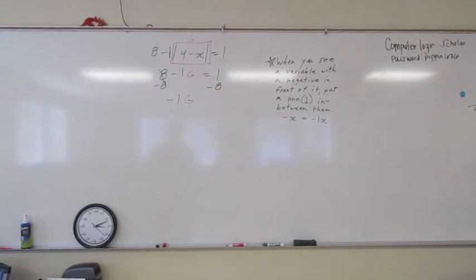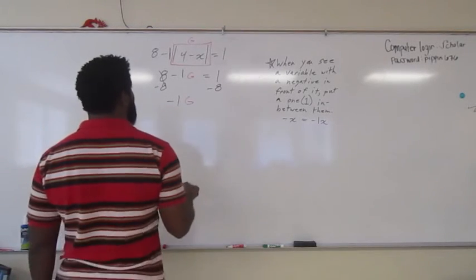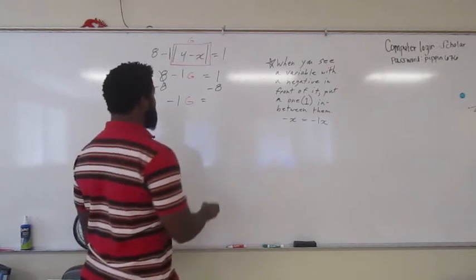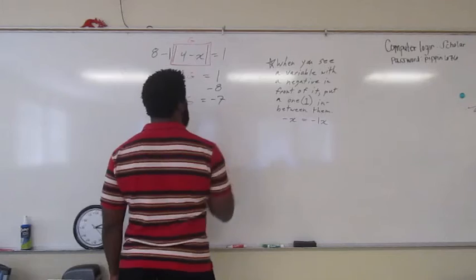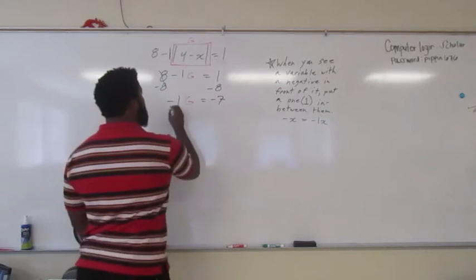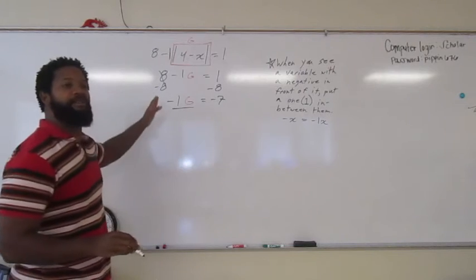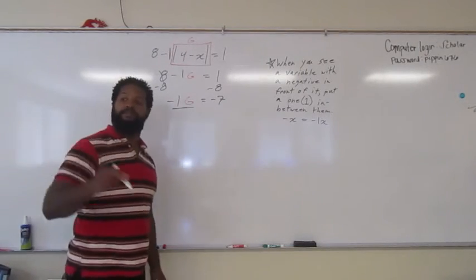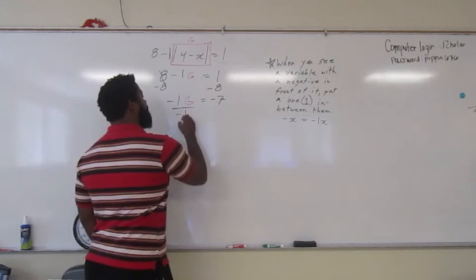What is negative 7? Yes. And then you divide it by negative 1. There you go. This is why putting that 1 right there helps, because we divide it by negative 1.